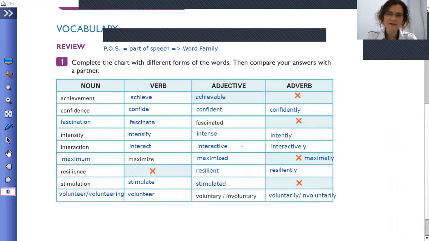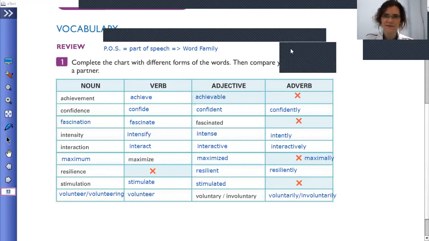And then it's created in different words like interaction, interact, interactive, and interactively. So the base form is interact, and we just add the suffix ion, ive, or ly. Yeah, so it is changed in a different part of speech, but it's a word family because it's all correlated and connected, and in meaning it's also correlated.